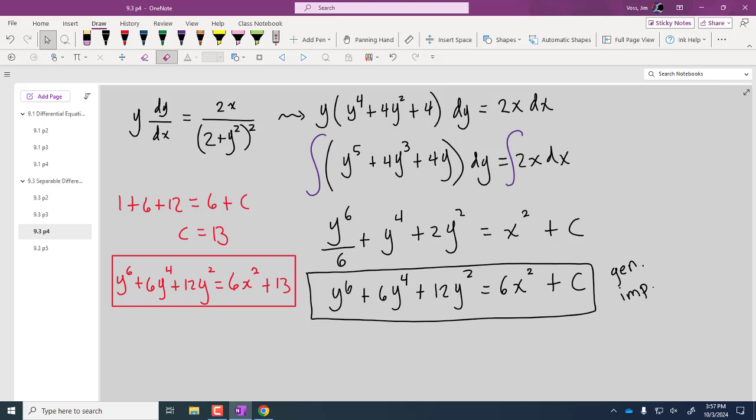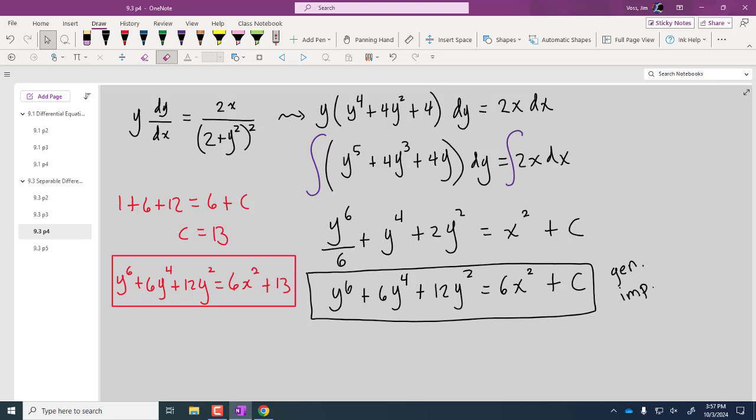So if you have y to an even power, you can't isolate it. Is everybody clear that plus or minus is not isolating? When we say isolate y, we mean isolate y. If you do y equals plus or minus, you've not isolated y.